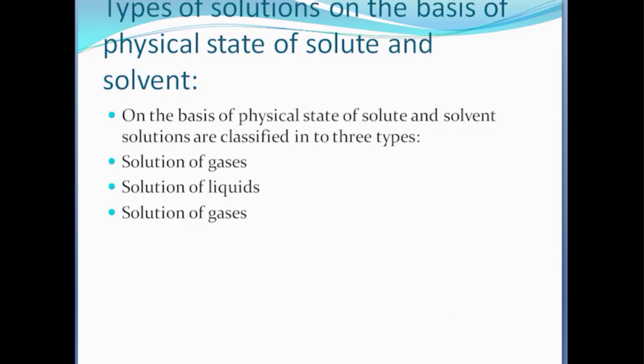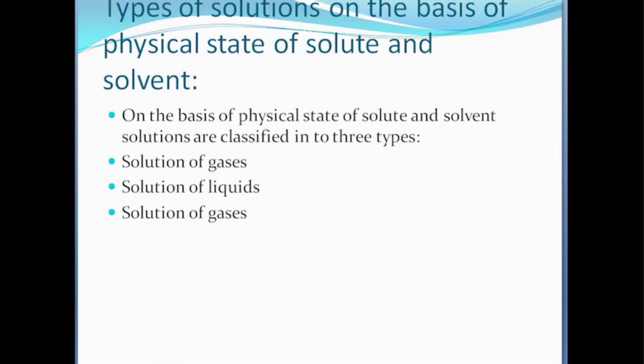Then the last unit is volume by mass. When you take the quantity of solute in cm cube while solvent in grams, then the percentage of such type of solution is represented by volume by mass.